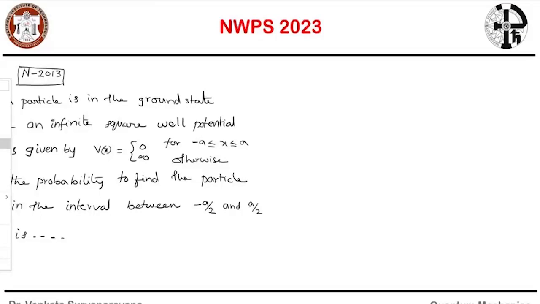But you all know about the infinite square well. If you have an infinite square well from -a to a, what is the ground state? Can anyone tell me what the ground state is? Root 2 by a.